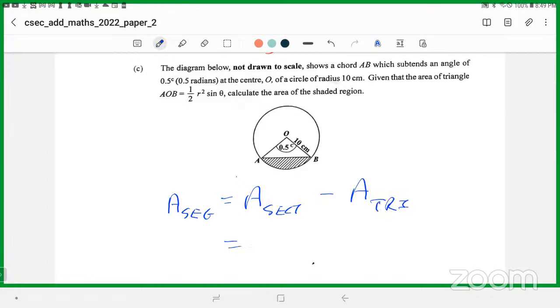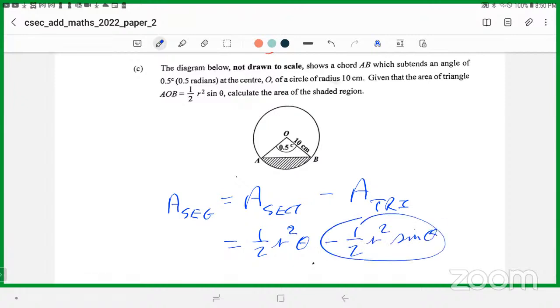The area of the sector is half r squared theta, minus the area of the sector triangle, half r squared sine theta. Remember, this formula comes from the formula half ab sine C, where a and b each equal r, so it becomes r squared.